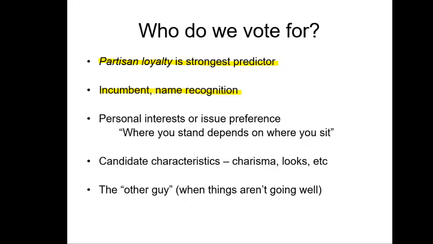They've got lots of advantages that we can talk about later on, as far as fundraising, head starts, the media attention, mailing privileges, the fact that they can do a lot of work for their constituents to build up their reputation, things like that. So incumbents have an enormous advantage of getting reelected. But again, the people are going to vote for that incumbent based on what party they are, right? So that kind of goes with it.